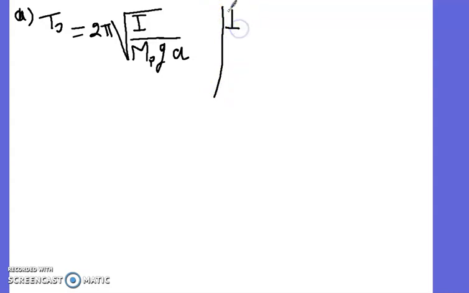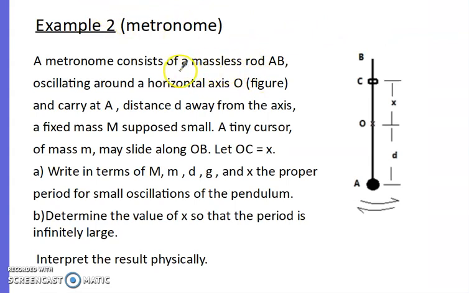I, which is the moment of inertia of my pendulum, is equal to I of the rod, plus I of the particle at point A, plus I of the particle at point C. Now, massless rod means the moment of inertia of the rod AB is 0.